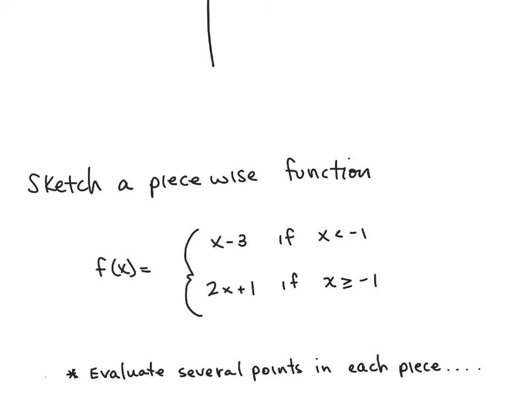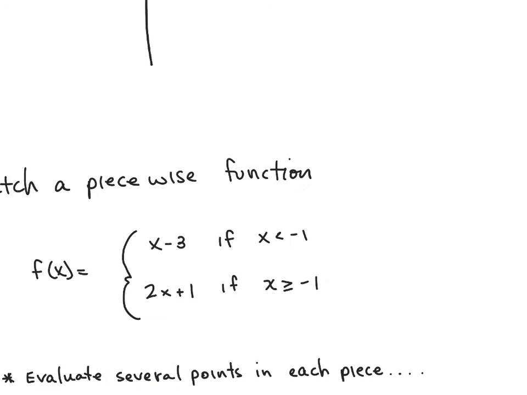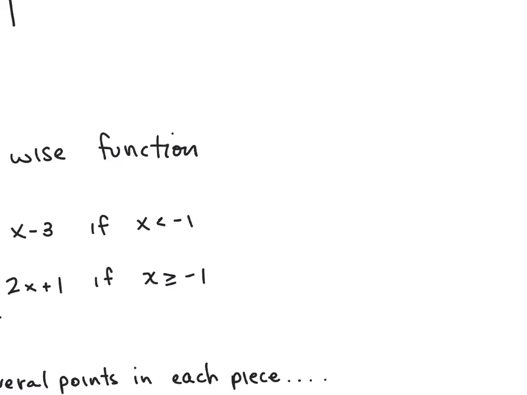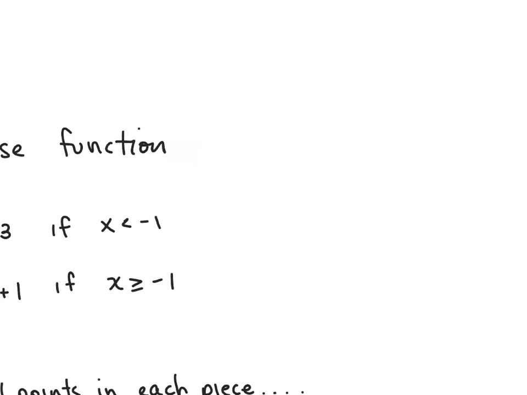So we have a piecewise function in 2 pieces, x minus 3 and 2x plus 1. Now this is something that maybe you just watch and not start to write down yet. I want to try to illustrate something for you.